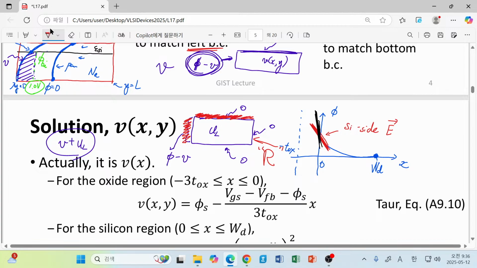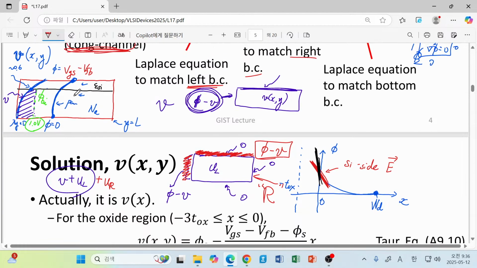So that mismatch will be, of course, as you may expect, fixed by introducing another solution called u sub R, which just matches the difference between the required phi and all other values. That will be used as the boundary condition. So simply speaking, this value will have a positive value. Please think about this u, y equal to L case once again.